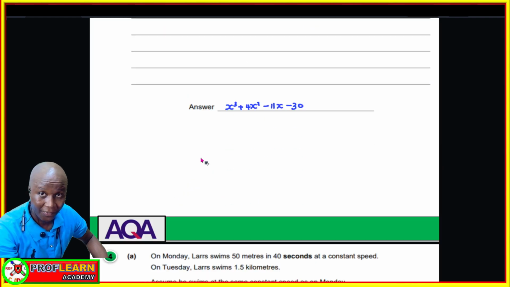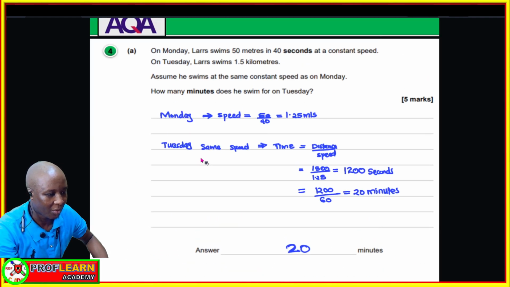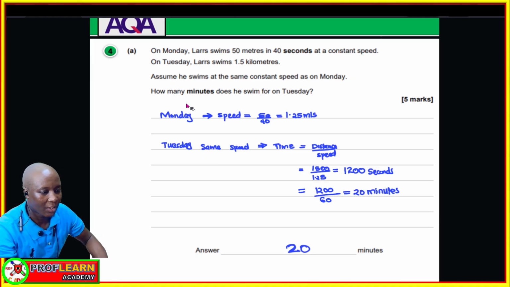You can be given a question on it, also a question to do with time and speed. For instance, here we are told that on Monday, Riley swims 50 meters in 40 seconds. Then we can work out the speed on that Monday will be 50 divided by the time in seconds. And on Tuesday, we are told Riley swims 1.5 kilometers at the same constant speed. So we are supposed to calculate the time here.